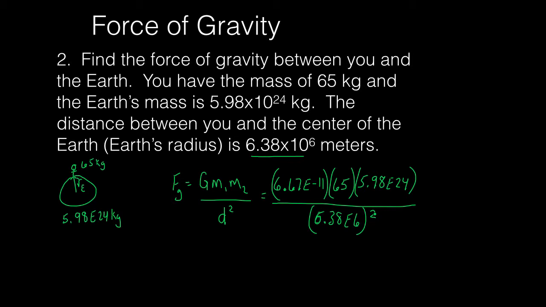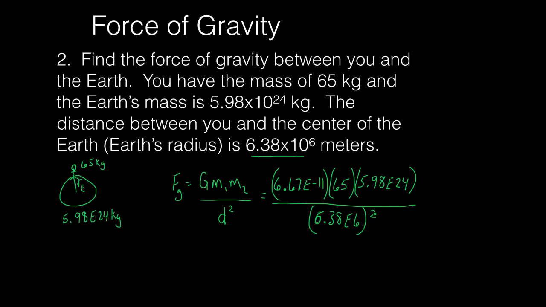6.67 times 10 to the minus 11th times 65 times 5.98 times 10 to the 24th, and we're dividing that number by 6.38 times 10 to the 6th, but it's got to be squared.